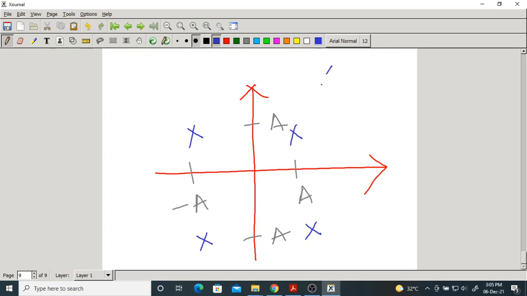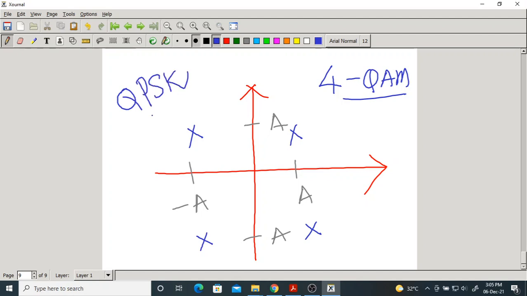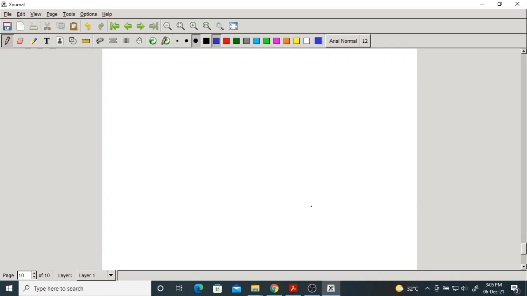Now this is called 4 QAM, but it is also called QPSK. QPSK means quadrature phase shift keying. Let me tell you this. As I told you, we have BPSK, where m equal to 2, but m can be any value that is 2 power of n.